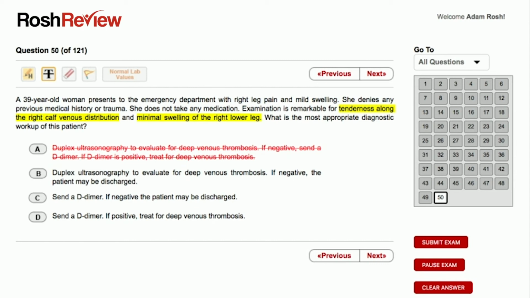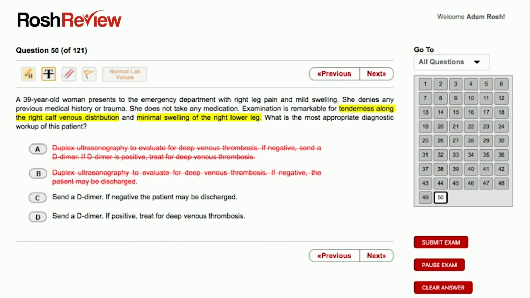And therefore, you would want to have a repeat ultrasound performed for this patient to see if there is any propagation. So she shouldn't necessarily just be discharged without any other follow-up. So there is some truth here in that you may discharge this patient, but there should be follow-up arranged, and that is not part of this answer choice. So we will cross that out as well.